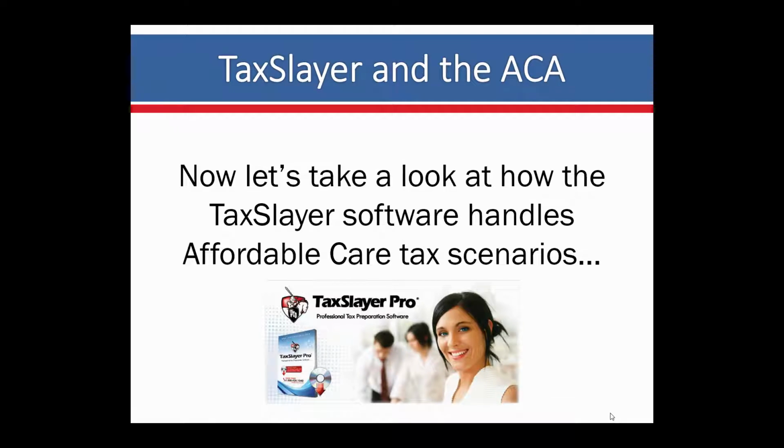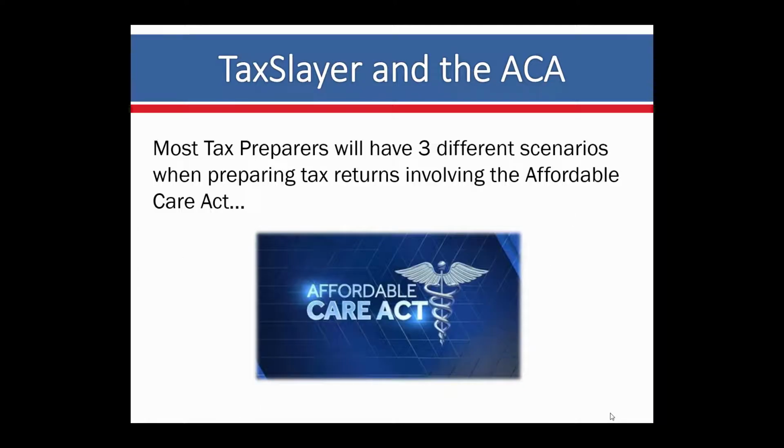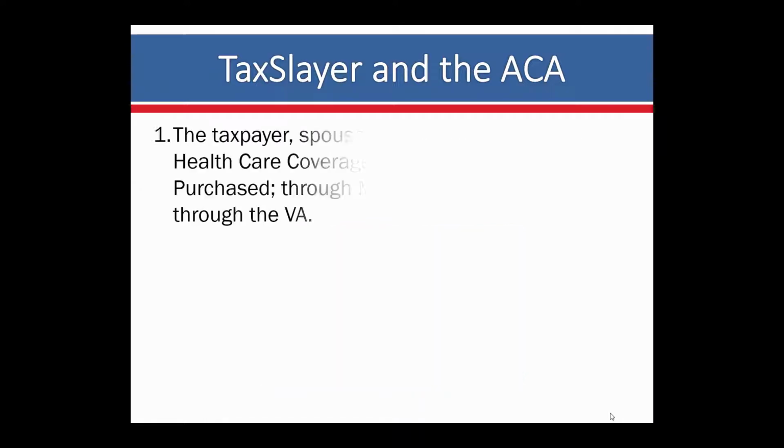And now let's take a look at how the TaxSlayer software handles these Affordable Care Act tax scenarios. Most preparers are going to have three different scenarios when preparing tax returns that involve the Affordable Care Act.